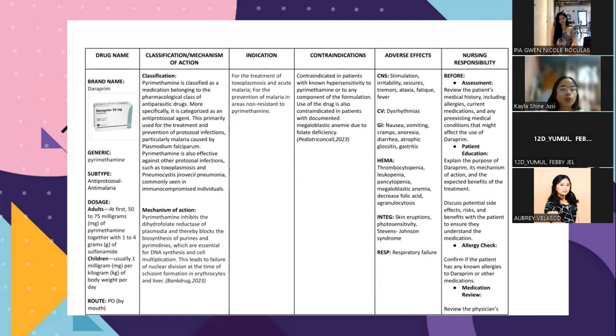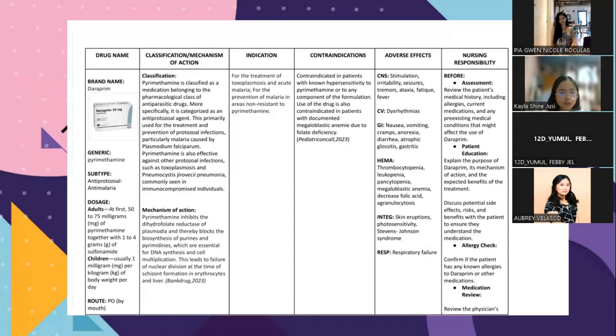Its primary use is for the treatment and prevention of protozoal infection, particularly malaria caused by Plasmodium falciparum, and it is also effective against other protozoal infections, such as toxoplasmosis and Pneumocystis pneumonia, commonly seen in immune-compromised individuals.